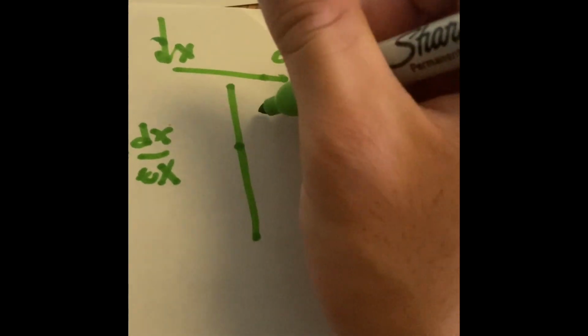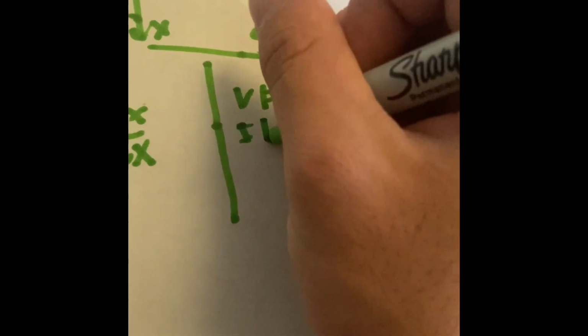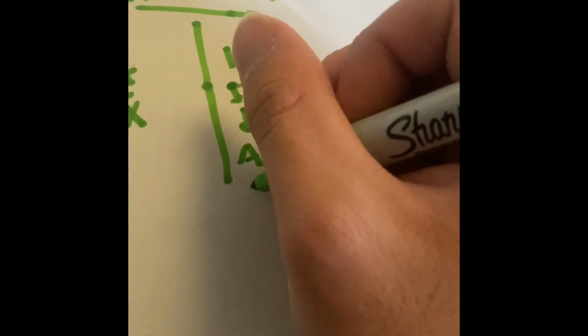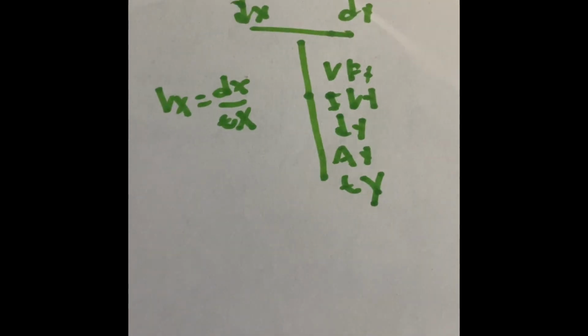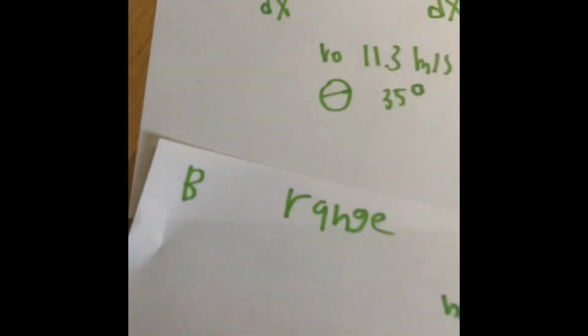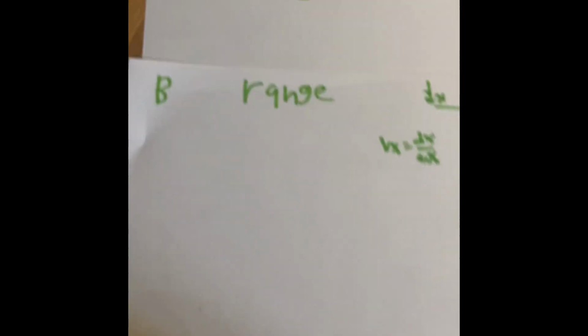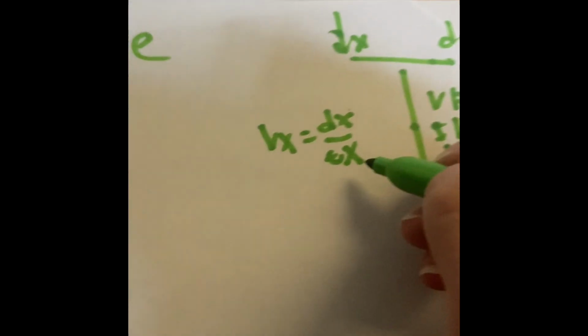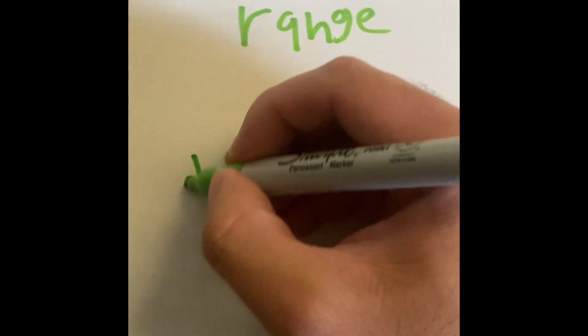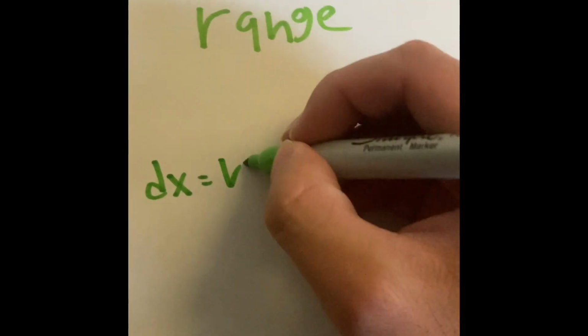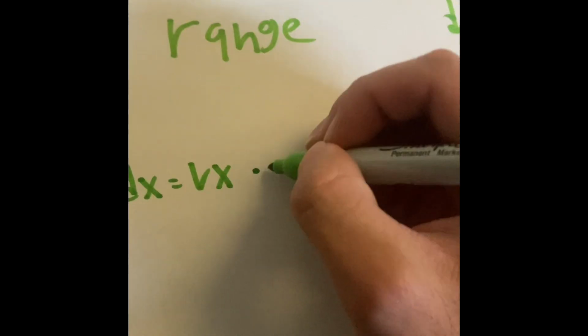On your dy, you usually have your final velocity y, your initial velocity y, your dy, your ay, and your ty. But we don't really care about dy, we care about dx, because we're trying to see how far horizontally the soccer ball goes before it hits the ground. If we want to get dx alone, we have to rearrange this equation. So we have dx equals vx multiplied by tx.